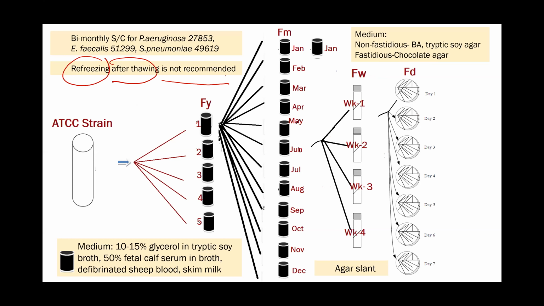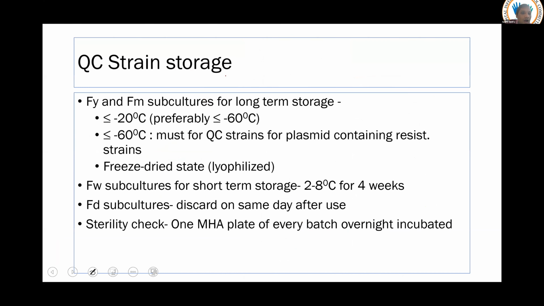Thawing means you take out the vial from the deep freezer and allow it to liquefy, to defrost, and after defrosting, refreezing again is strictly not recommended, because the strain will lose viability, because cytoplasmic abnormality will take place.